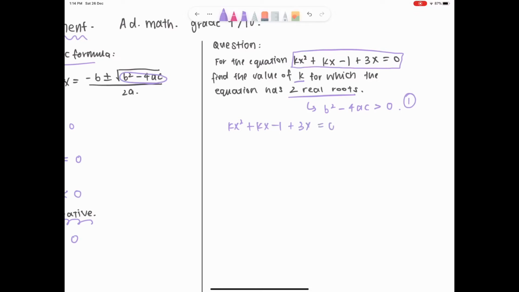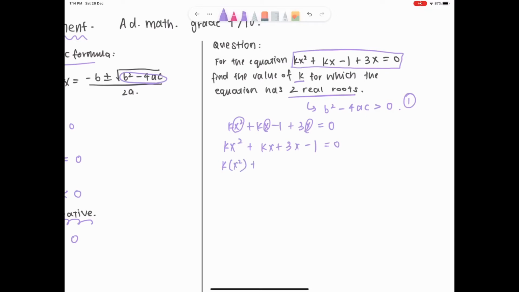What I would say the first step would always be is to rearrange. So here you want to rearrange according to the power of x. So I'm going to rearrange like this. That will make it easier to isolate the coefficients of x. So here you can see the coefficient of x squared is k.